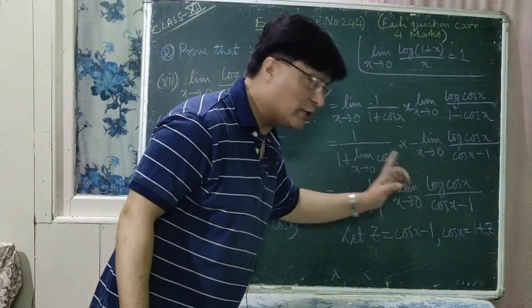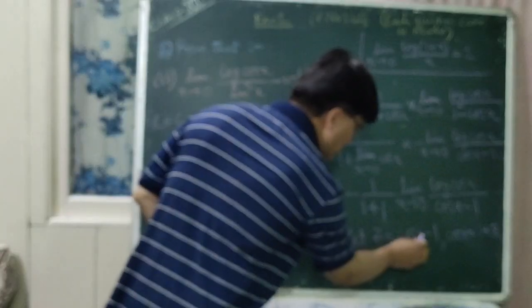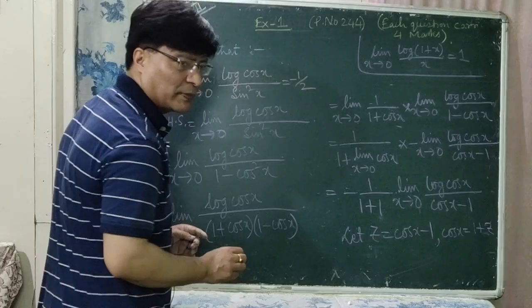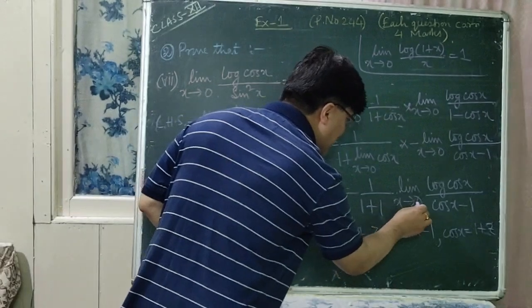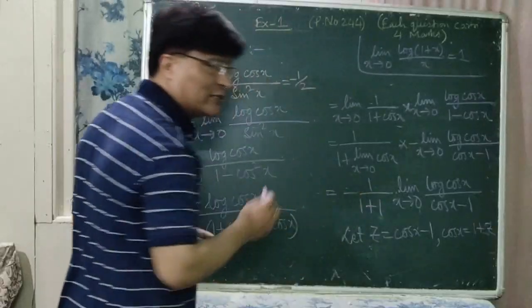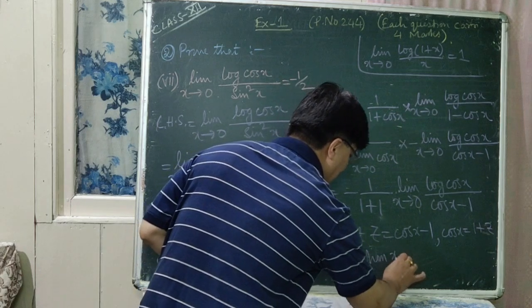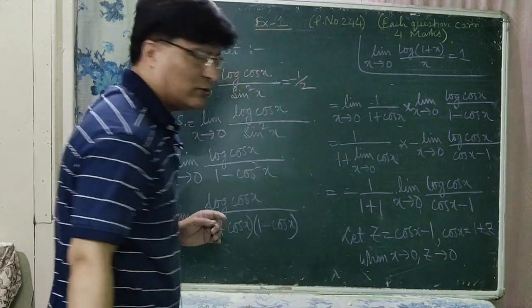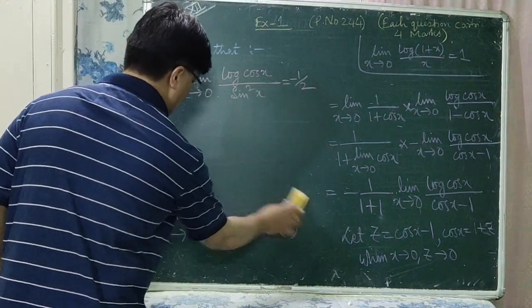If we put x is equal to 0 here, cos 0 is 1, 1 minus 1 is 0. That means z is equal to 0. So when x tends to 0, z also tends to 0. So here you write, when x tends to 0, z tends to 0. Understood?